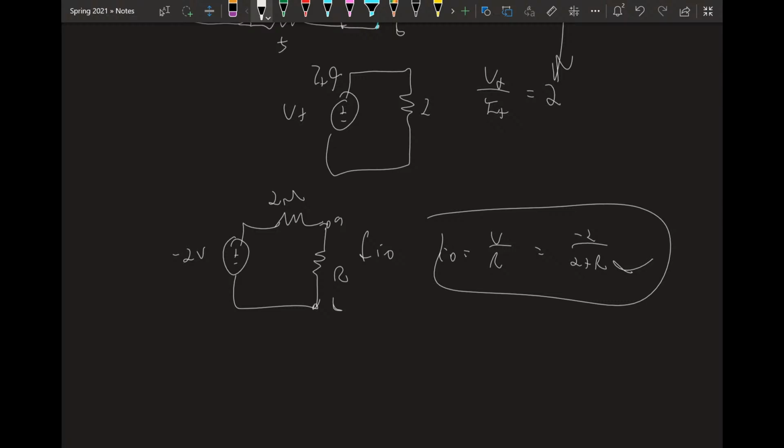Okay, let's do another example. The question this time is to find the Thevenin equivalent of the circuit.